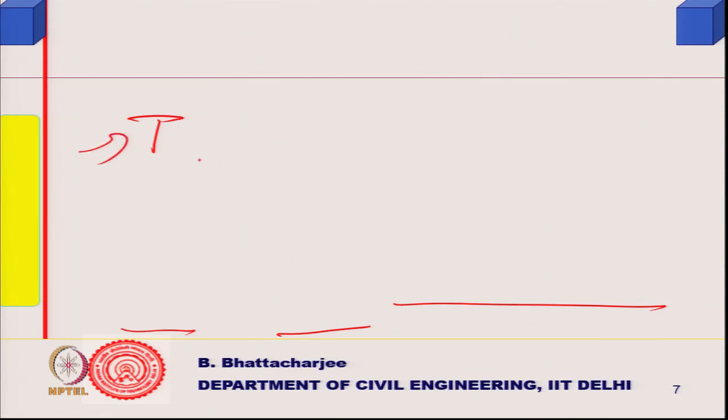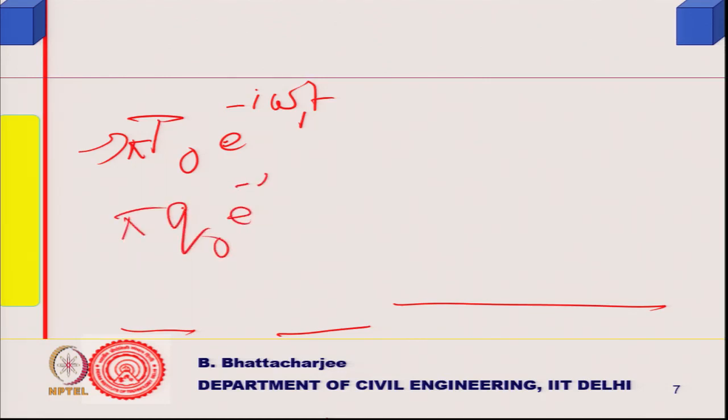So if I multiply everything, take i omega, I will get something like this: T0 e to the power minus i omega 1 t phi, and similarly Q0 phi e to the power i omega t, because instead of Laplace transformation, I did this with minus i omega.